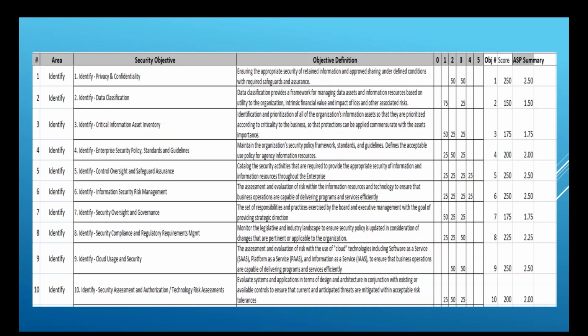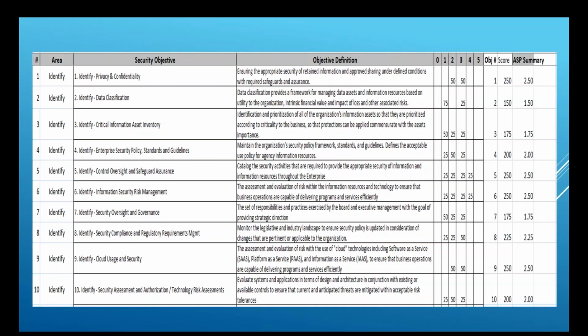In this first example, these are not scores from any entity. These are just scores that we randomly put in here. But I chose 50% at a level 2, which, if you remember, is repetitive but still undocumented, and a level 3, which is more documented, and we're measuring that for compliance.